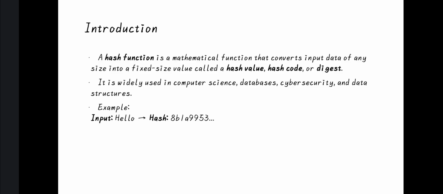The hash function converts input data into a fixed size value. If you modify or change any data, the output value of the hash function will change. This is very important in computer science.